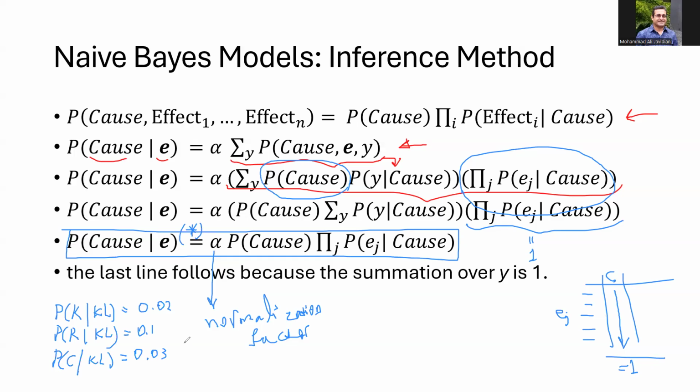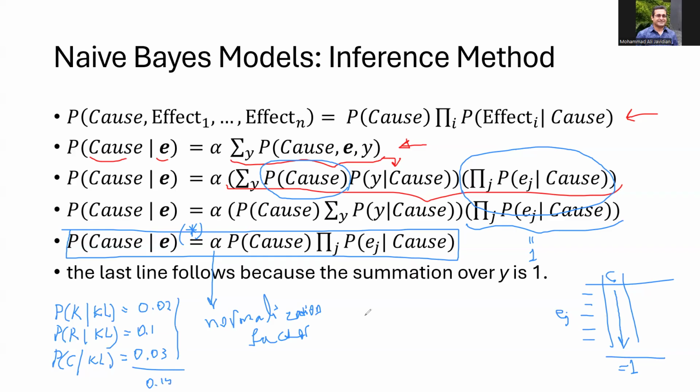How can we convert them to a probability distribution? You sum them up and you divide the probabilities that we obtained by that summation. For example, if you sum them up, it is 0.15.